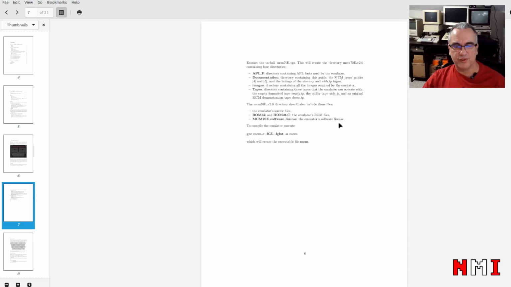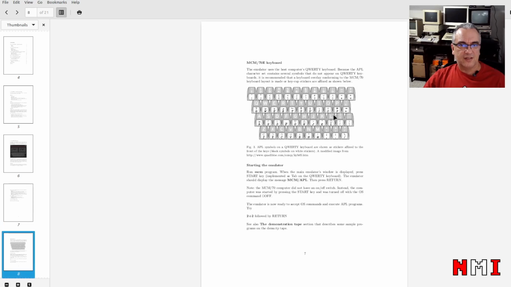Or if you have Windows, you're gonna have to figure it out. The code includes the ROMs, right? Here is the keyboard mapping for the keys, because as I mentioned, APL has all these symbols and some keys are in different places.